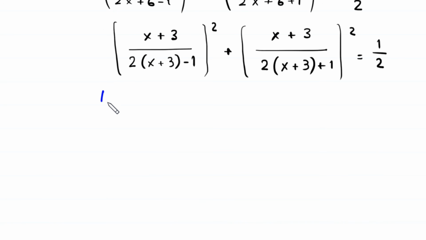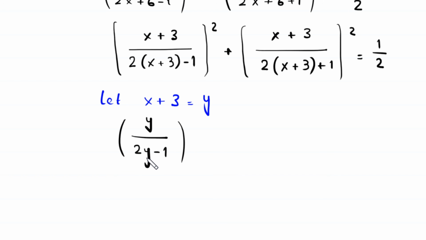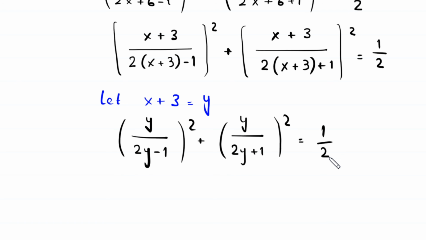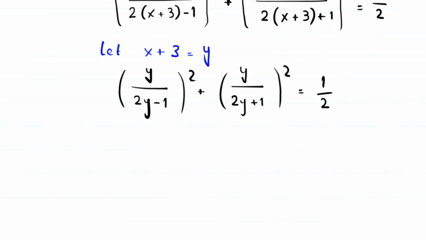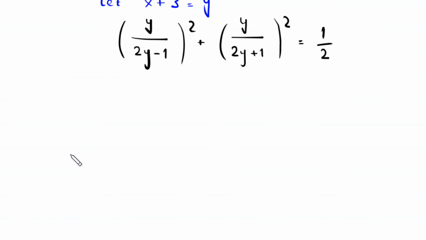We suppose that let x + 3 equal to y. So this equation will become y divided by (2 times (y minus 1)) whole squared plus y divided by (2y plus 1) whole squared equal to 1/2. Now we divide the numerator and denominator by y.